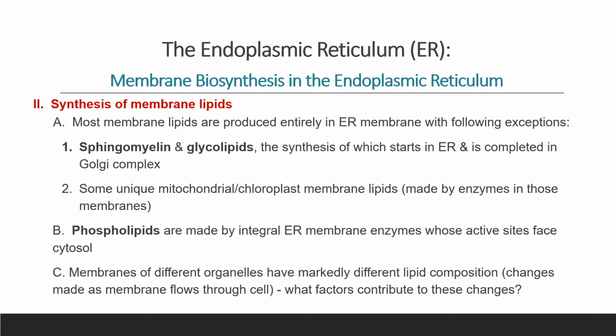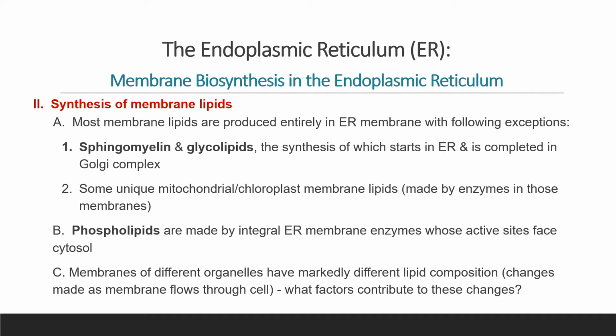Regarding the synthesis of membrane lipids, most membrane lipids are produced entirely in the ER membrane, with the following exceptions. We have the sphingomyelin and glycolipids, whose synthesis starts in the ER and is completed in the Golgi complex. Okay?